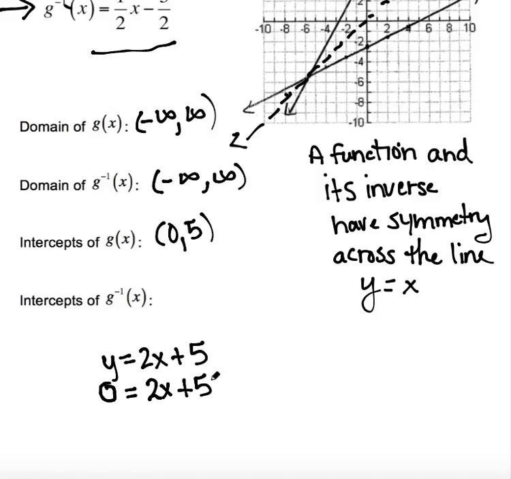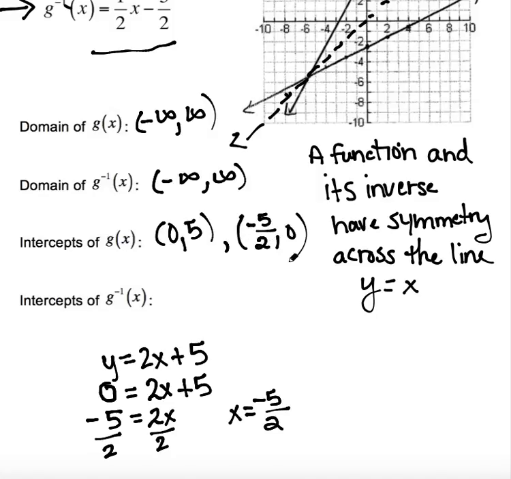When I solve that, I'm going to subtract 5 from both sides, so negative 5 is equal to 2x. Then I'm going to divide both sides by 2, and that gives me x equals negative 5/2. So what I just found was the x-intercept. So the x-intercept of my original function is (negative 5/2, 0).